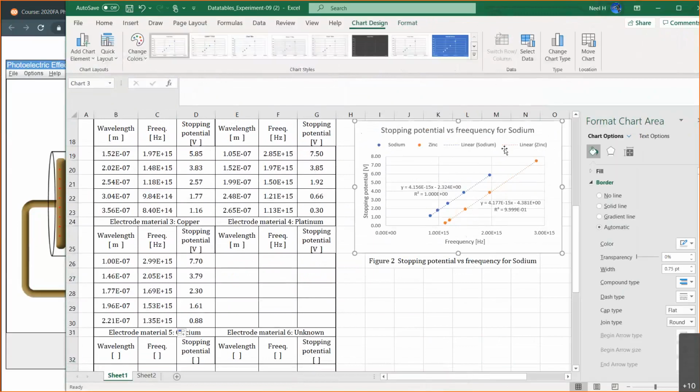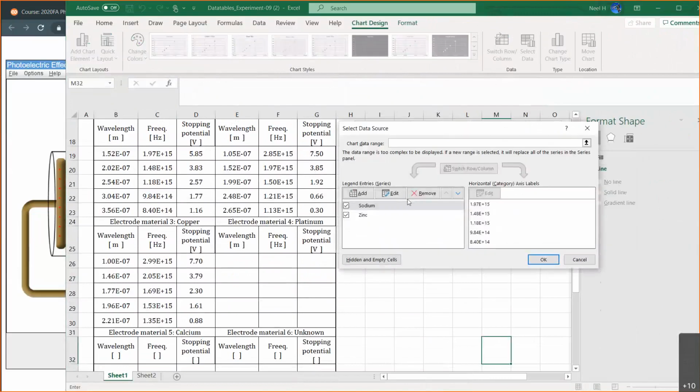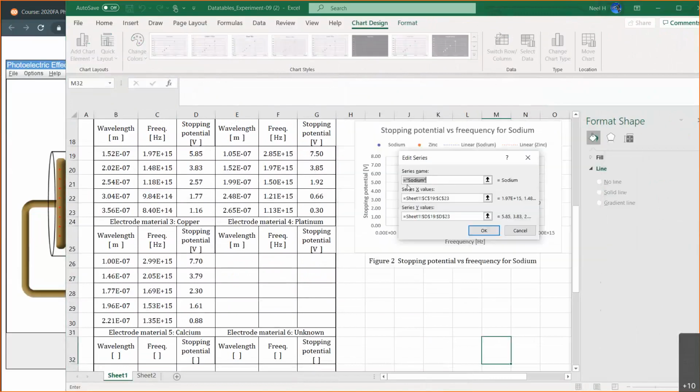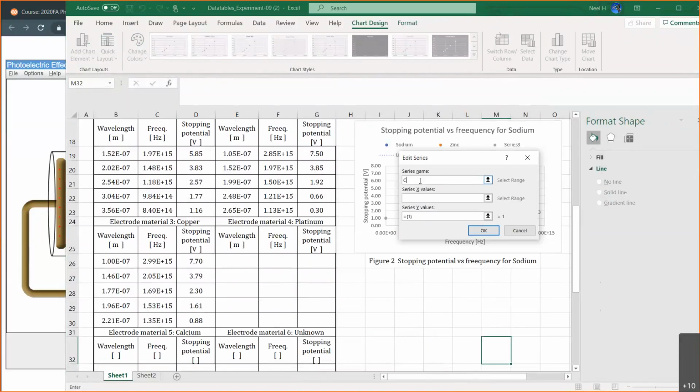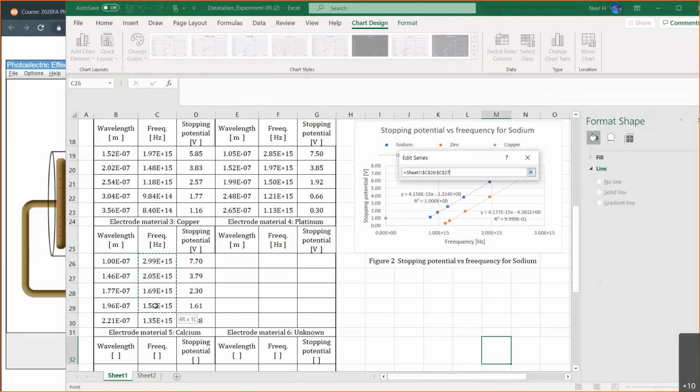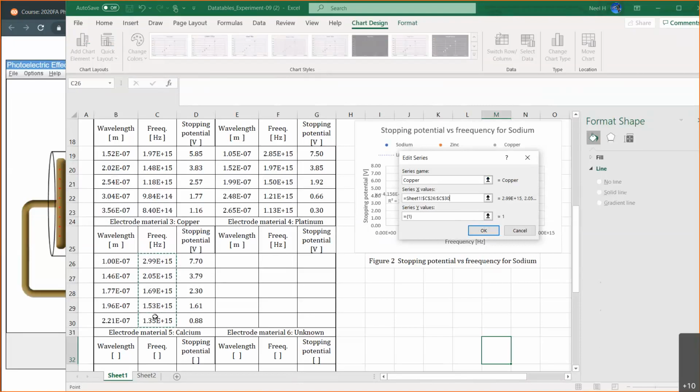Double click on the graph sheet, select data. We're going to add a new series, not edit, add. Next series is copper. X value is going to be frequency, C26 through 30. Y value is going to be potential, D26 through 30.